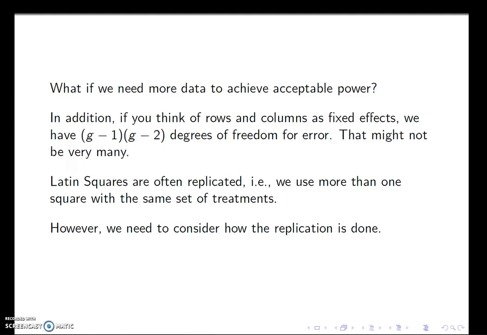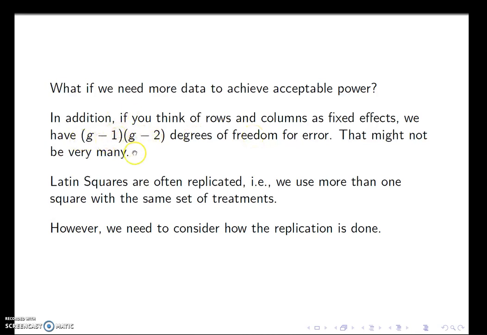What if we need more data to achieve some level of power that we want? You have to think of these rows and columns as fixed effects. If you think of them as fixed effects, then we would have G minus 1 and G minus 2 for our error degrees of freedom, right? Because we have G levels.